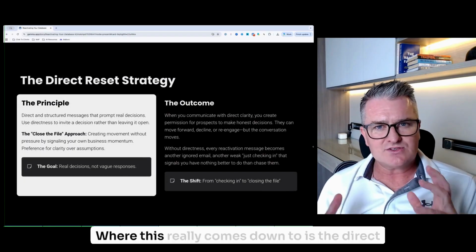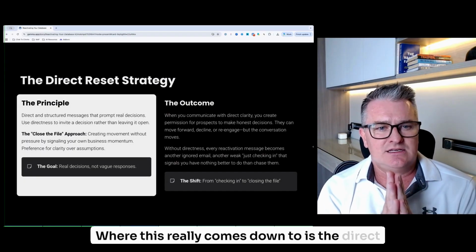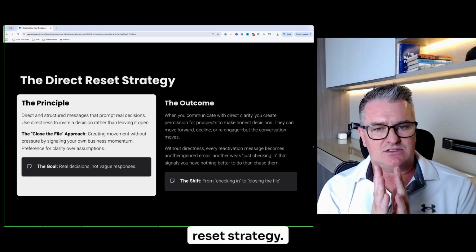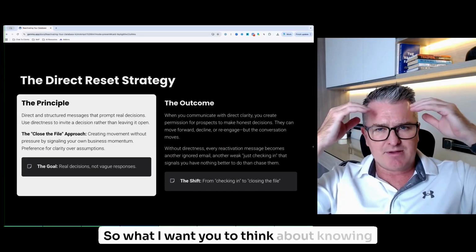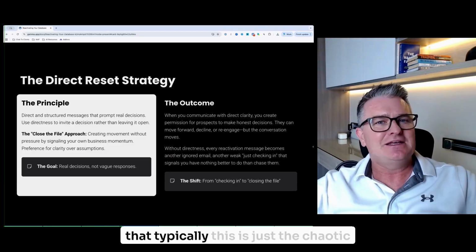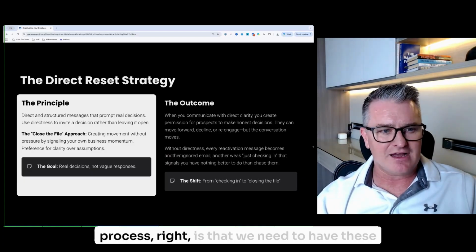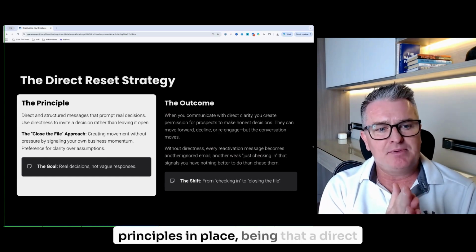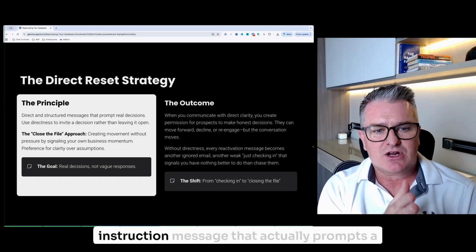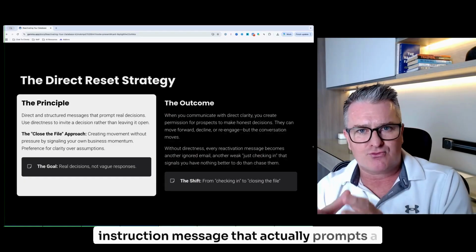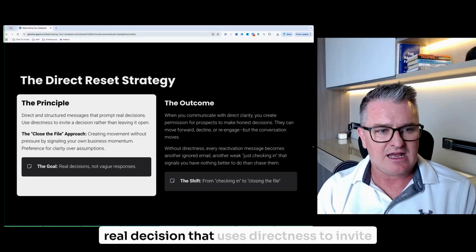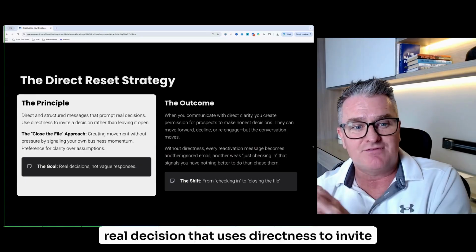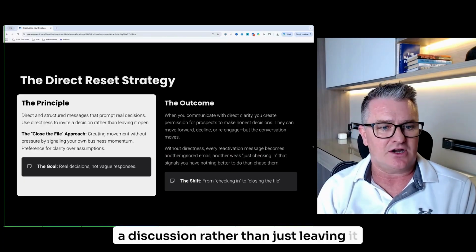Where this really comes down to is the direct reset strategy. Knowing that typically this is a chaotic process, we need to have these principles in place: a direct and structured message that actually prompts a real decision, that uses directness to invite a discussion rather than just leaving it open.